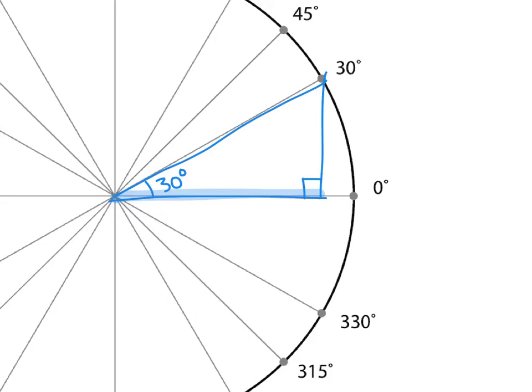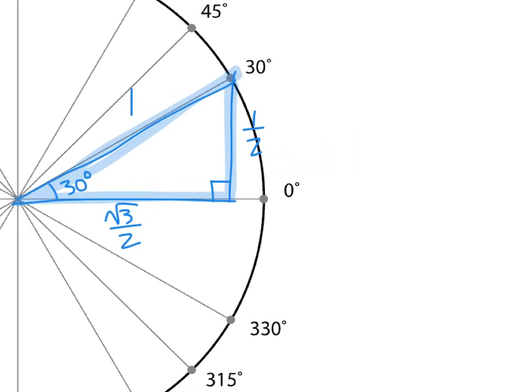Square root of 3 over 2. How long is this part? 1/2. How long is this one? 1. It's a unit circle. It has to be 1. The radius is always 1.